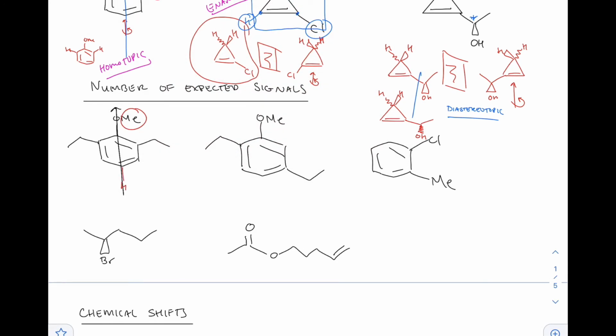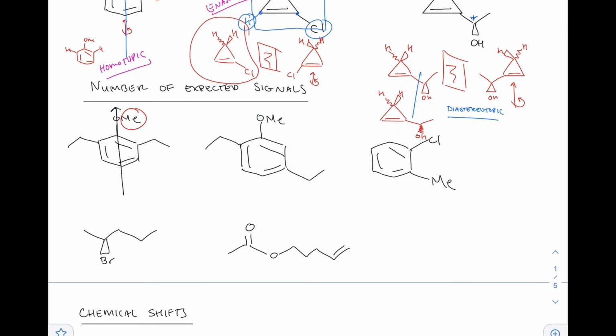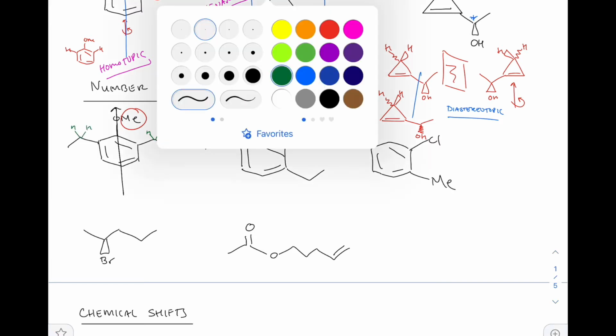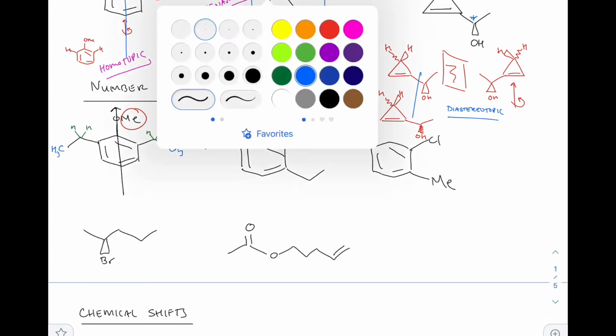There's going to be one unique signal here. I feel like I should do them in different colors, but I feel like it's going to take forever though. So there's these hydrogens, because of that symmetry, the green ones are equivalent. These are the CH3s. These are equivalent to one another.